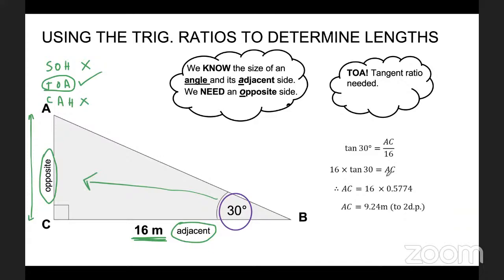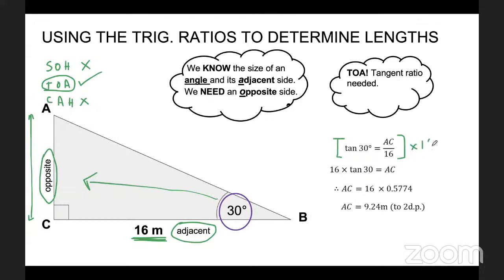All right, so when we're balancing our equation, or when we're transposing, we want to undo whatever operation is being done to what we want to make the subject. AC is being divided by 16. What's the opposite of division, guys? Multiplication. Right. So I'm going to do the opposite of dividing, which is multiplying.